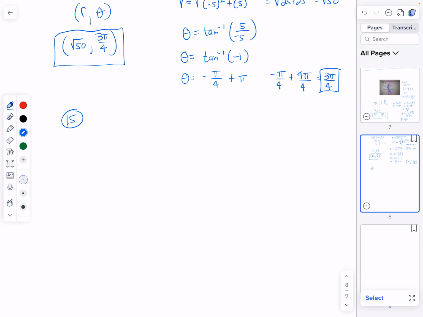Okay, so 15 says the letters x and y represent rectangular coordinates. Write the equation using polar coordinates r and theta. So the equation they give you is x squared plus 4y squared equals 4. Okay? Now, again, I want this in r and theta.